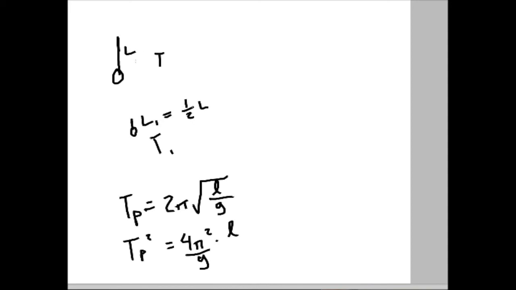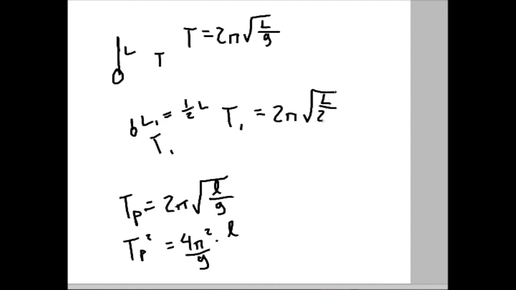So up here, this pendulum, its period is just T equals 2 pi times the square root of L over g. And this pendulum down here with half the length, its period is the same thing. It's 2 pi times its length, but its length is 1/2 L, so that would be L over 2 times 1 over g.